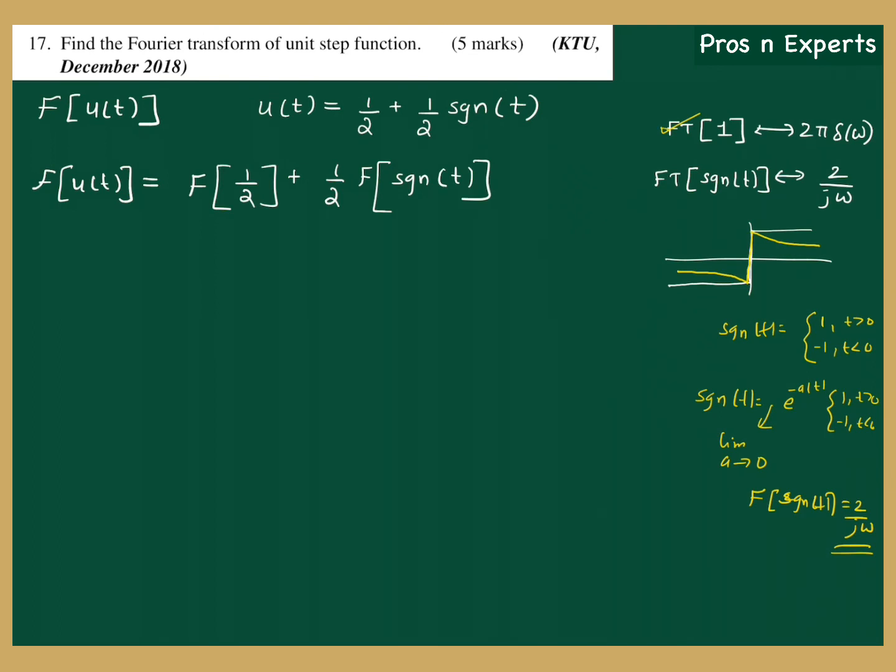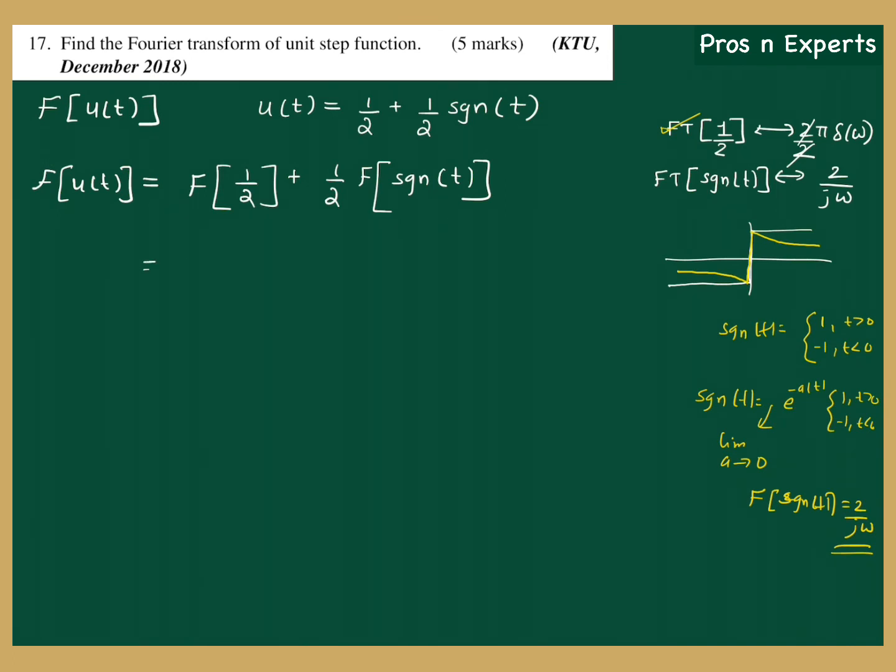What is the Fourier transform of 1 by 2? Have a look at this property: the Fourier transform of 1 is 2 pi del of omega. According to linearity, we can divide by 2 here also, so it will be pi del of omega.